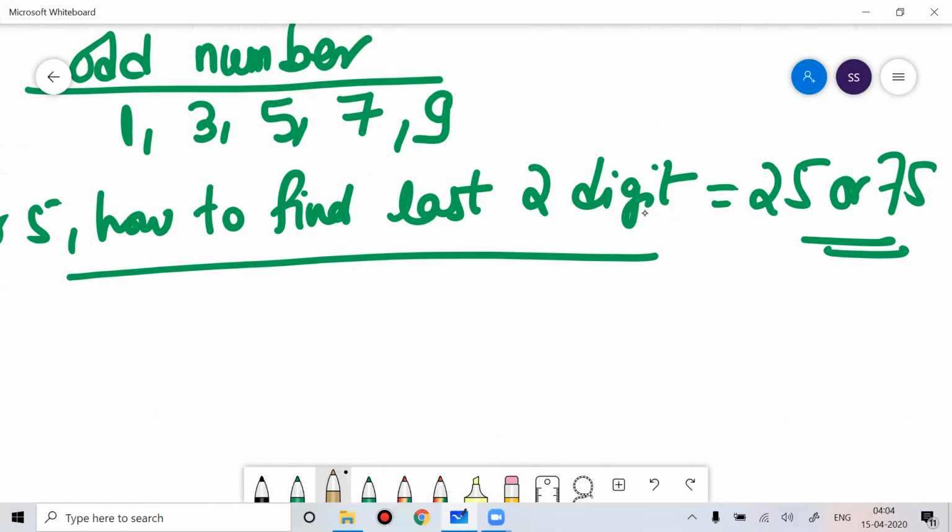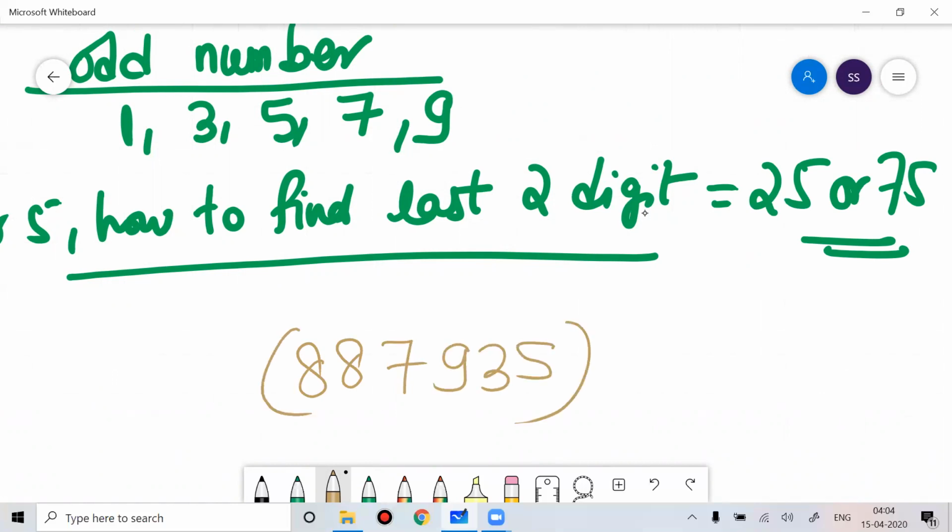So how to do that? Just see the number. Randomly I'm writing some number, 887935, and then see the power of that number, say 1296. Now you know that 5 to the power any number will give you 5.